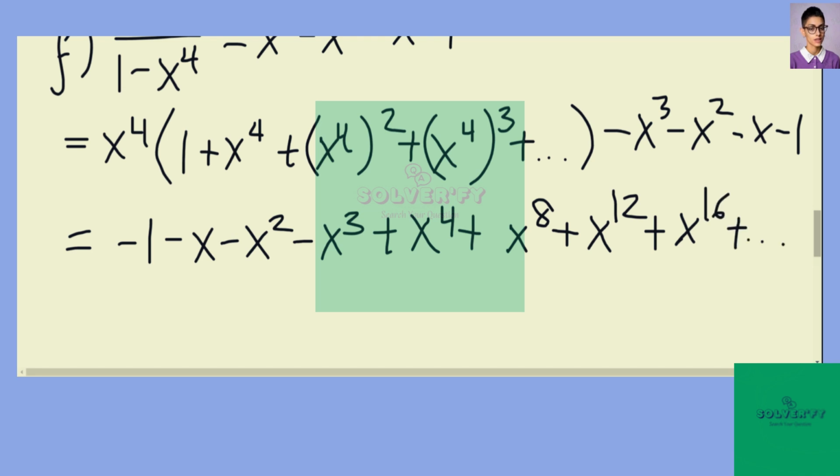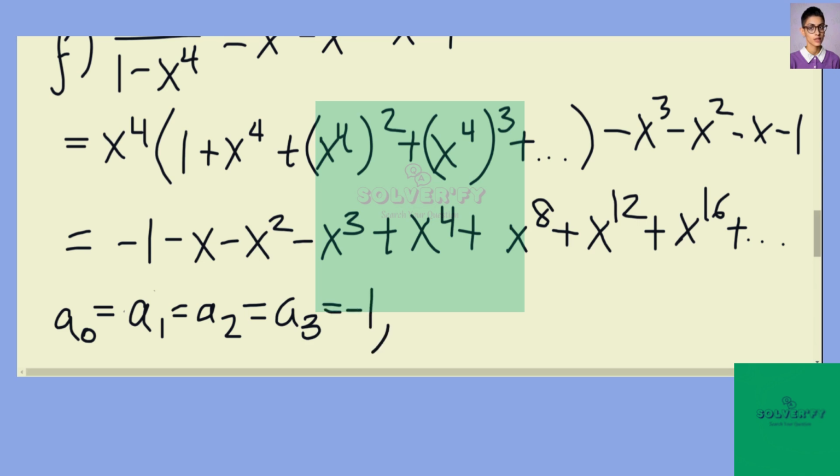And so the sequence corresponding to this generating function is a0 equals negative 1. In fact, to abbreviate this, we have that a0 is equal to a1 is equal to a2 is equal to a3 is equal to negative 1.